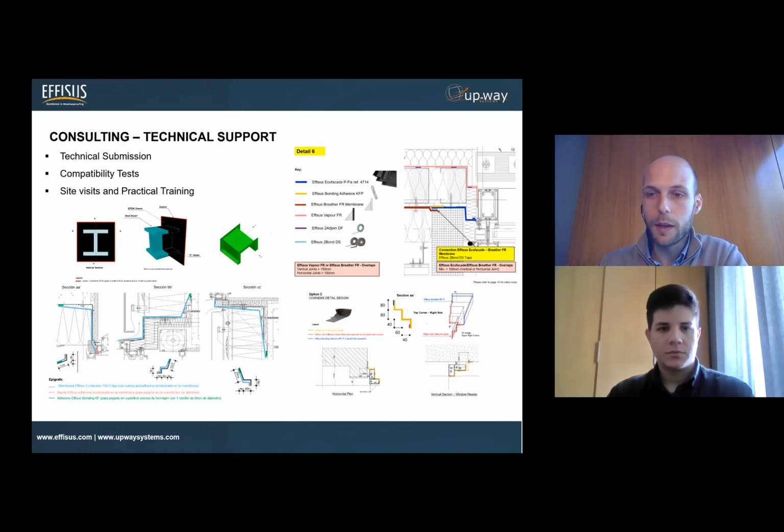This is an Effisus approach, an Effisus methodology. We do not skip these steps. So we would like to take these steps along with you in order to understand what's the best solution for each project, to have those details and to be able to suggest this.